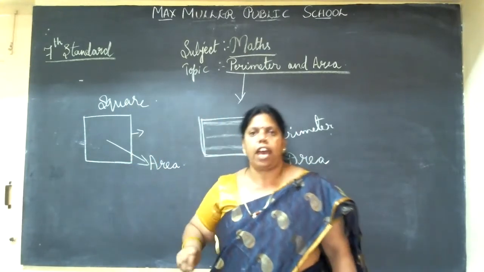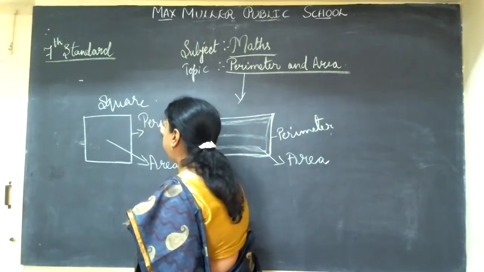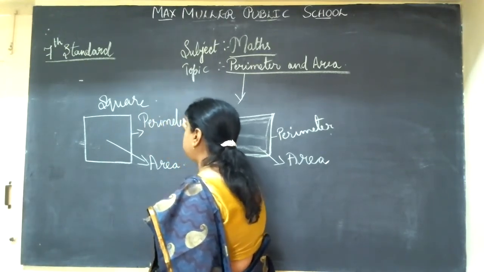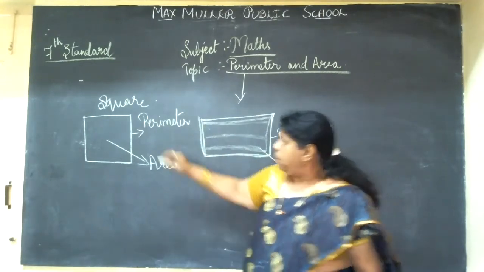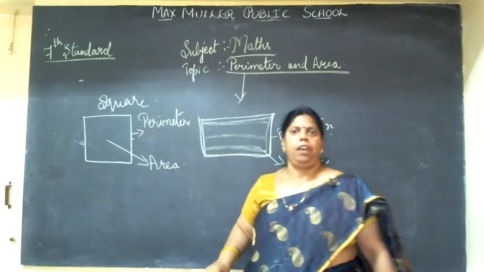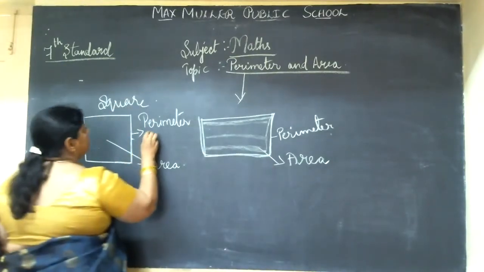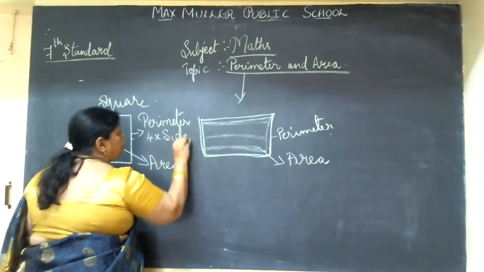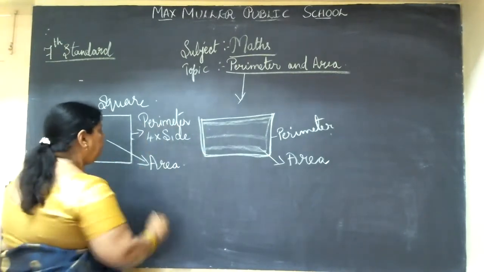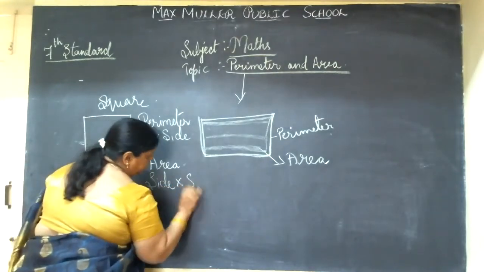Now only about the square we'll see the perimeter. Don't get confused, children. The perimeter of a square means the outer border. The perimeter of the square is 4 into side. Then area is side into side.